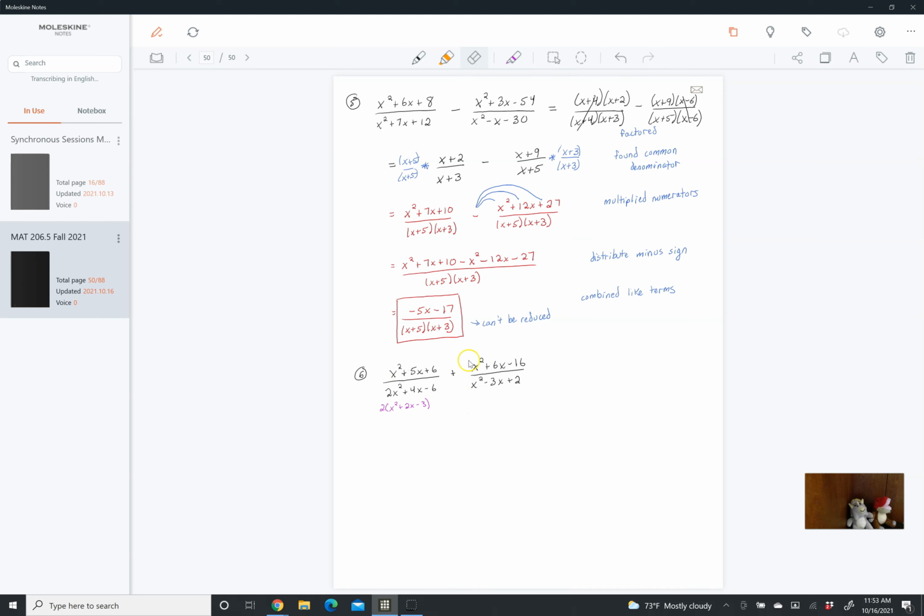In these other three, there's nothing that every term has in common. Okay, so what does this equal? Well, when we factor, we get x plus 3 times x plus 2 over 2, and then x squared plus 2x minus 3 factors to x plus 3 times x minus 1.